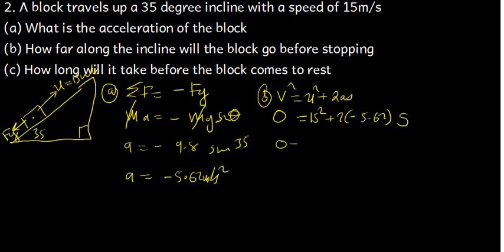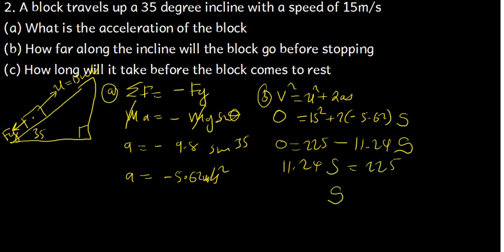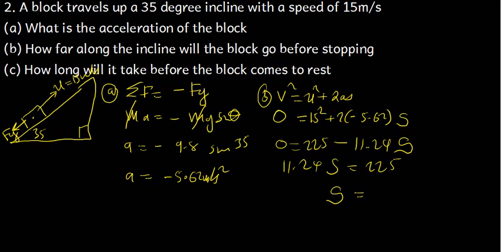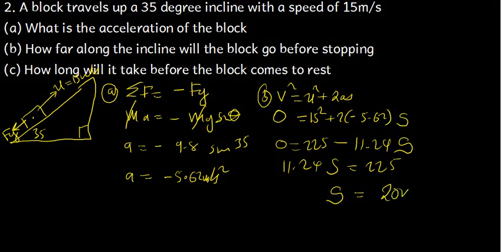So 0 is equal to 225 minus 5.62 multiplied by 2, which gives 11.24 s. Taking this to the other side, 11.24 s is equal to 225. So s is 225 divided by 11.24, which is 20 meters. That is how far it is going to go before stopping.